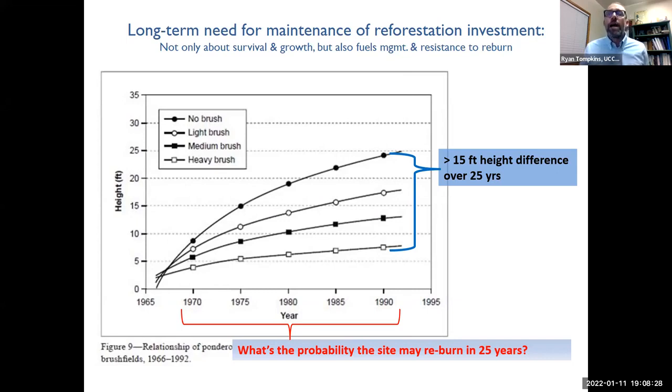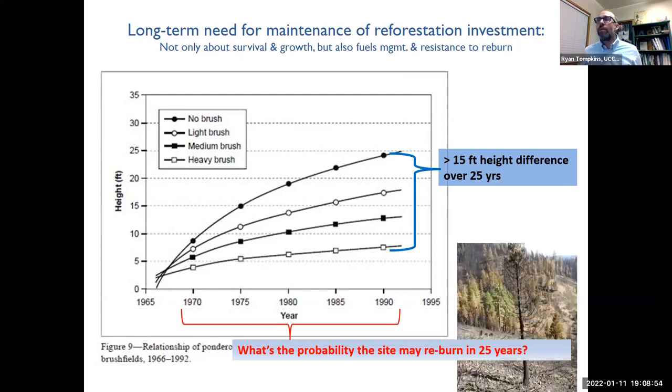The Camp Fire was another reburn, where the 2018 Camp Fire started within the footprint of the 2008 BTU complex. The Dixie Fire reburned a number of fires, the Moonlight Fire, which was only an 11-year-old fire. And so we are seeing this reburn cycle happen within this 25 years of growth.